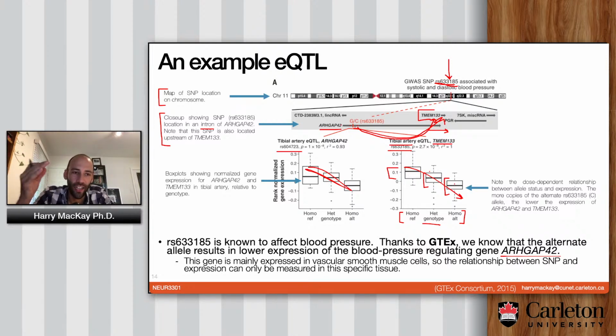Here are genes, I should say, that are known to influence blood pressure, RGAP42 and TMEM133. The level of expression of these genes in the artery is influenced by what version of this SNP you have. It's really just that simple. The level of expression you have is influenced by what your genotype is.